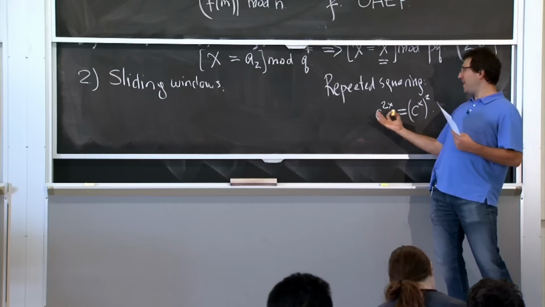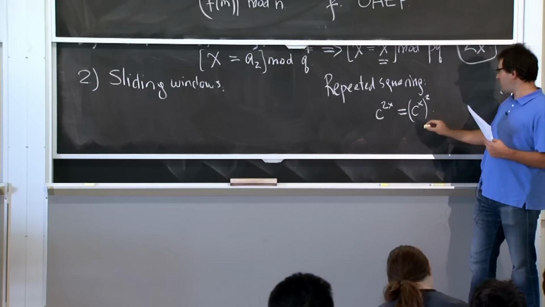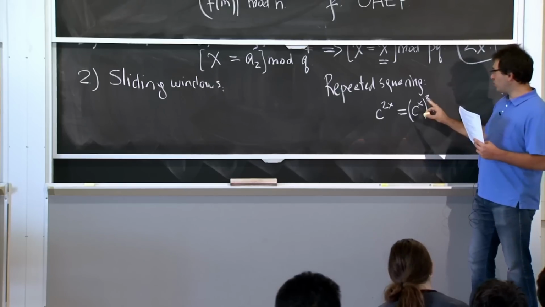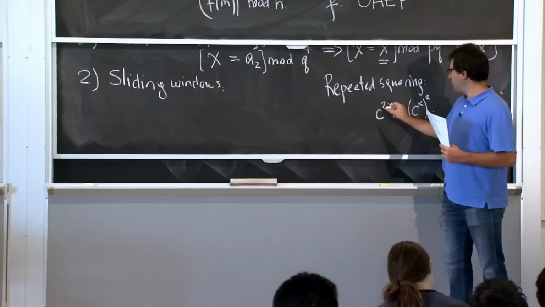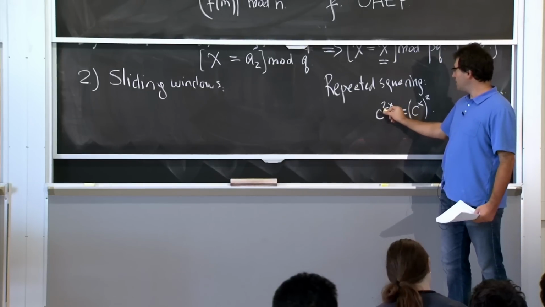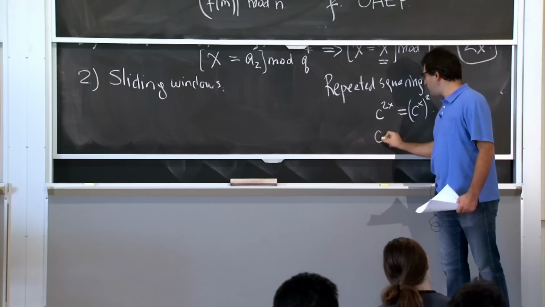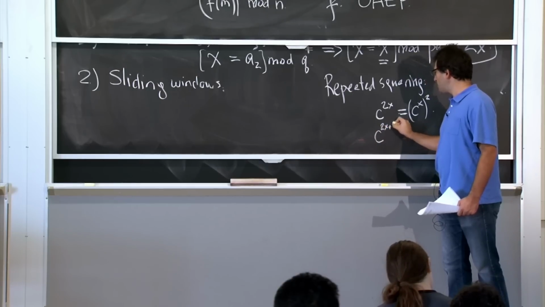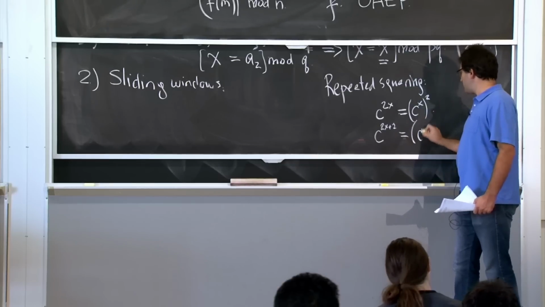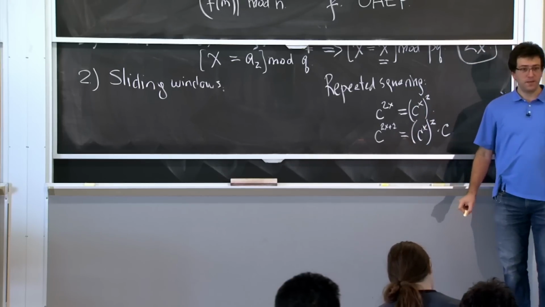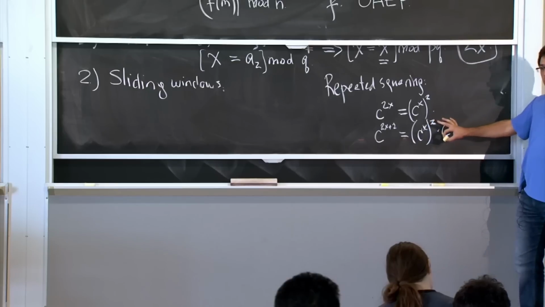But you can be clever and just compute c to the x and then square it. So this works if you're computing c to some even exponent. Conversely, if you're computing c to some 2x plus 1, then this is just c to the x squared times another c. So this is what's called repeated squaring.